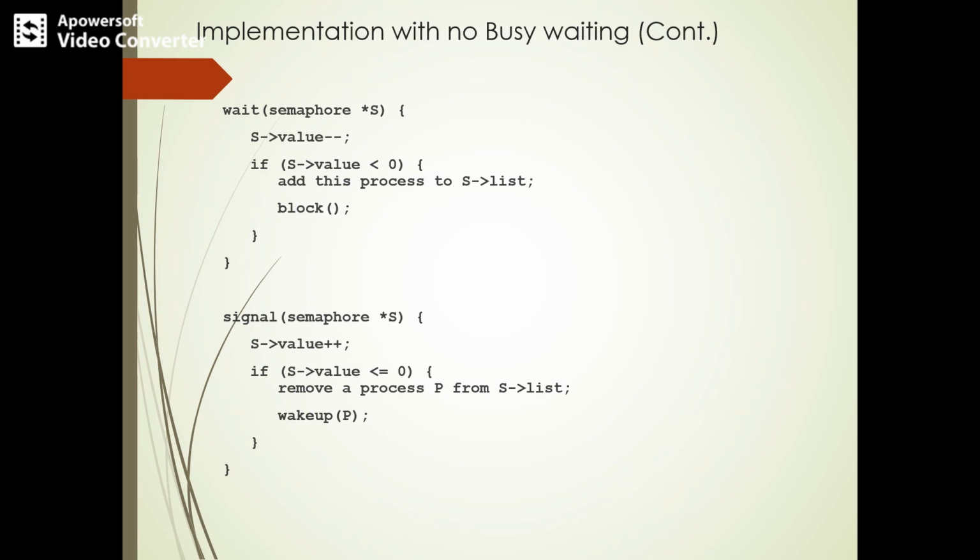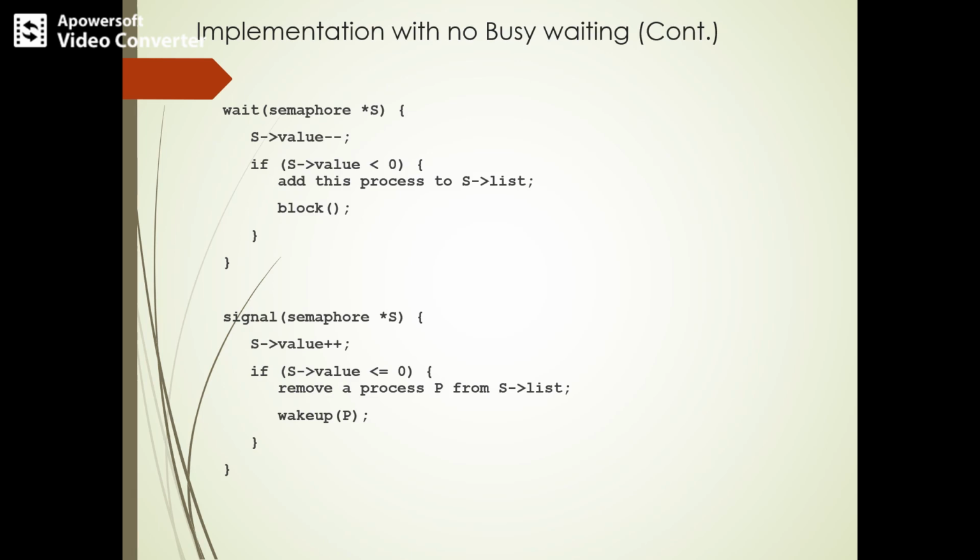In the signal operation you have the wakeup operation, the wakeup of the same process which was blocked. So wakeup of P resumes the execution of the blocked process P. These two operations are provided by the operating system as basic system calls.